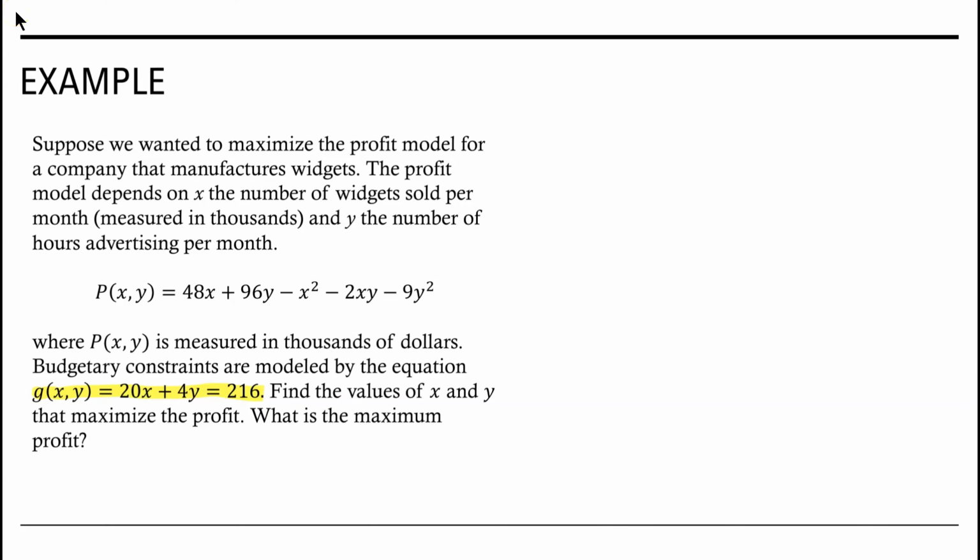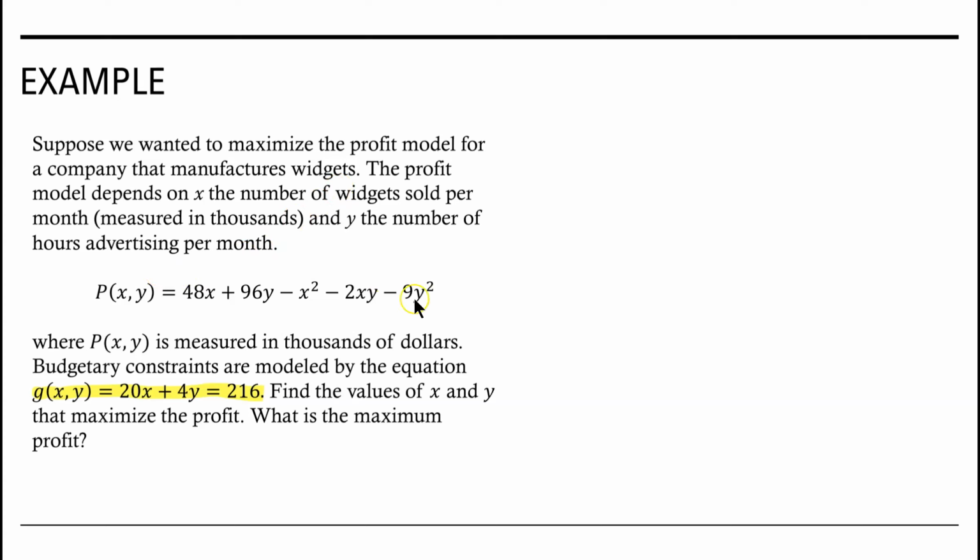So now that we've had a glimpse of why we might solve an equation like gradient of f equal to lambda times gradient of g to find extrema for a function, let's return to our example here, and we'll outline the process or the strategy for solving a problem using Lagrange multipliers.